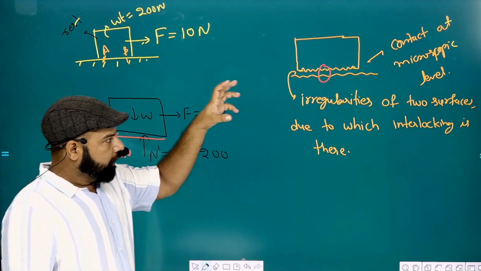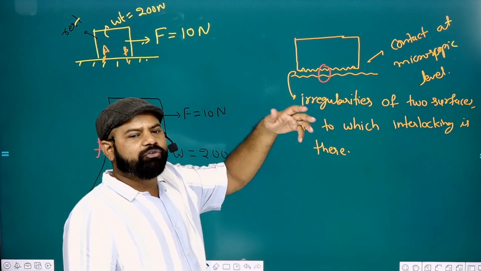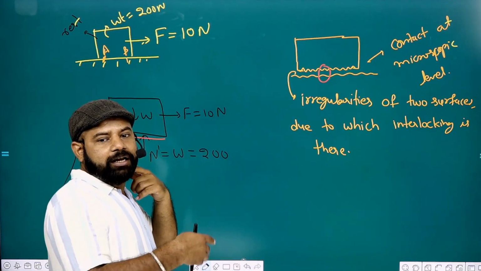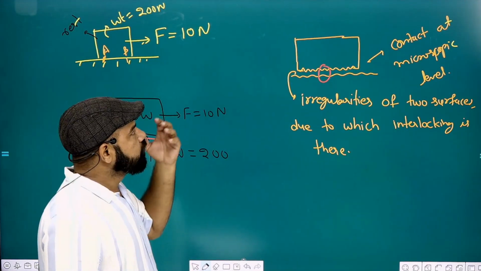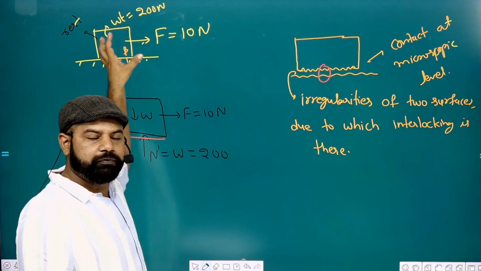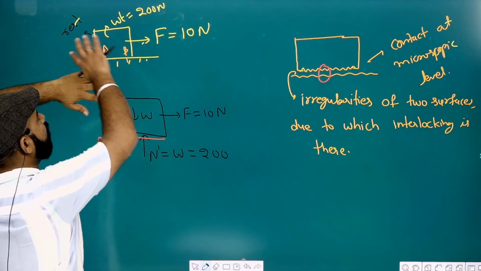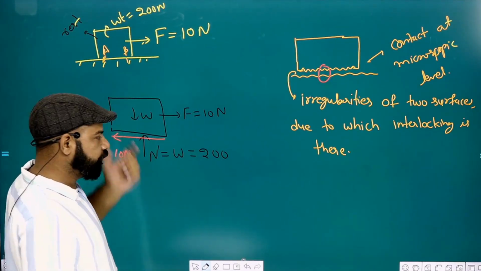So now, the second case is if we apply force larger than that maximum resisting force. So there will be relative movement between those two surfaces. Like this block will be moving over this surface.